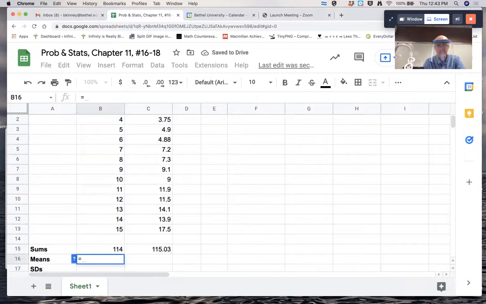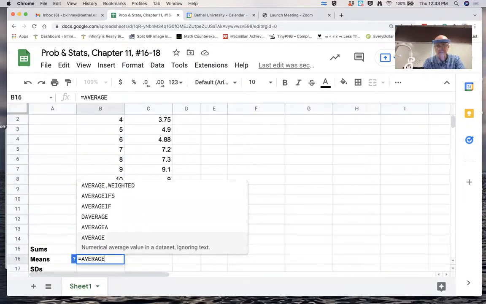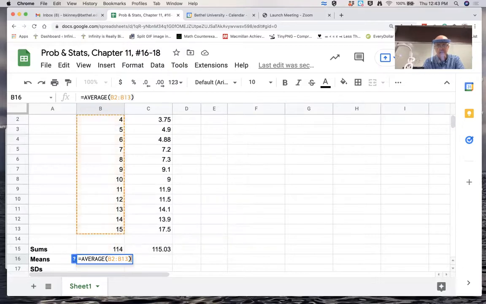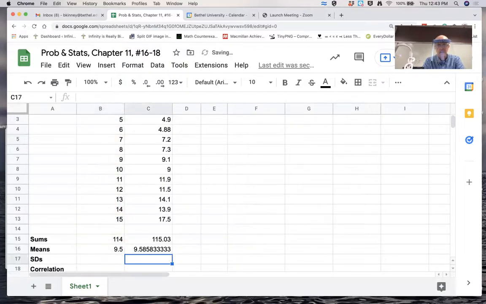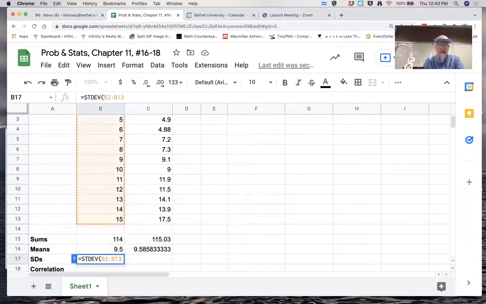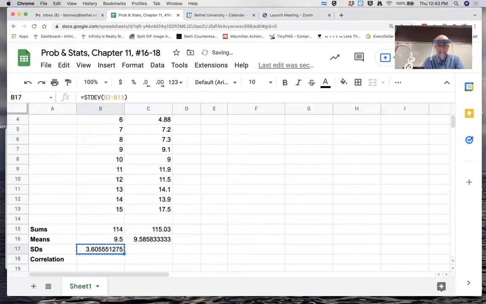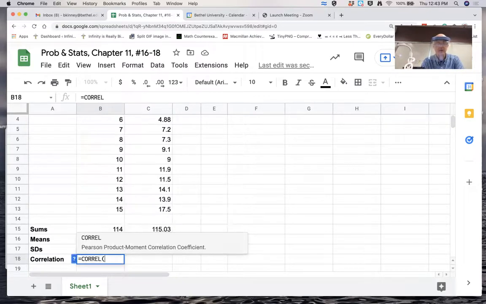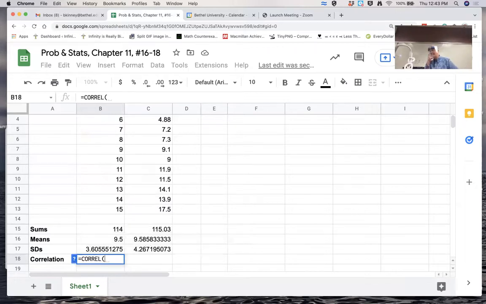Do the means, which I can do with either the sums divided by 12 or equals AVERAGE. Standard deviations, equals STDEV. It doesn't ask for the correlation, but for the sake of teaching you about it, we're doing correlation. Do you need to know the correlation for the test? Well, we never did correlation except in what I'm showing you right now.